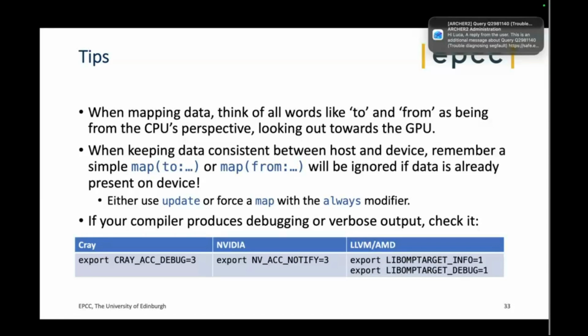For instance, because you forgot that map doesn't actually copy data if the data is already on the device. So you're using an out-of-date copy. So your program will run, but the results will be wrong.